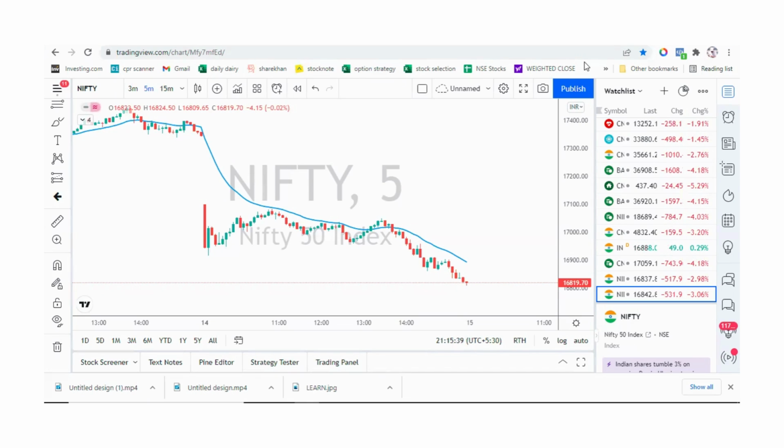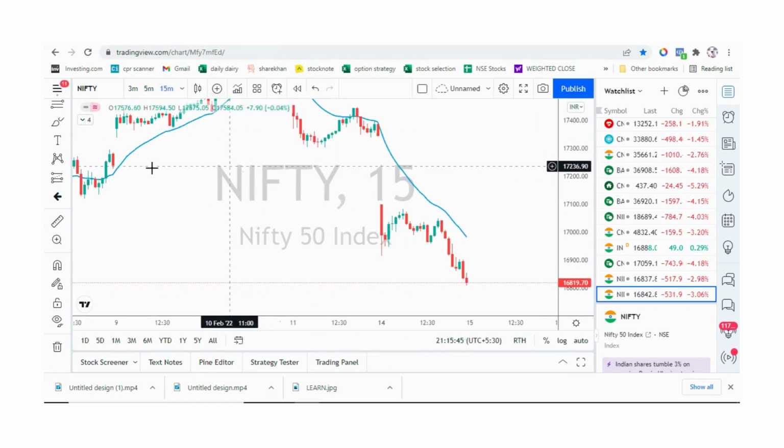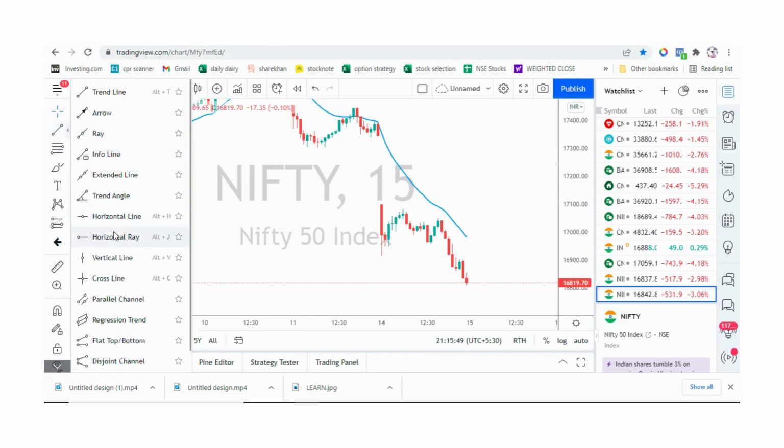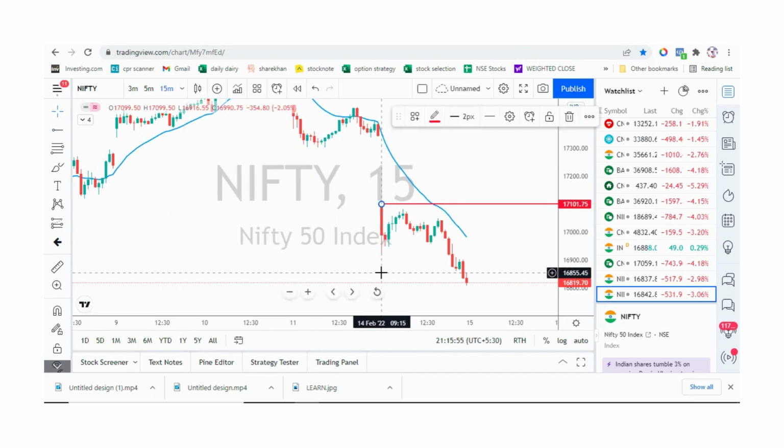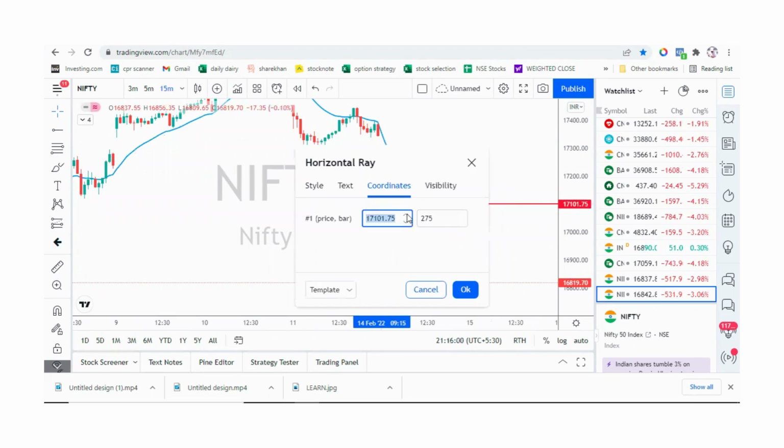To begin with, let's go to 15 minutes. Let's change the time frame to 15 minutes and let me mark the high and low of the day. The high on this candle is 17,099.5.